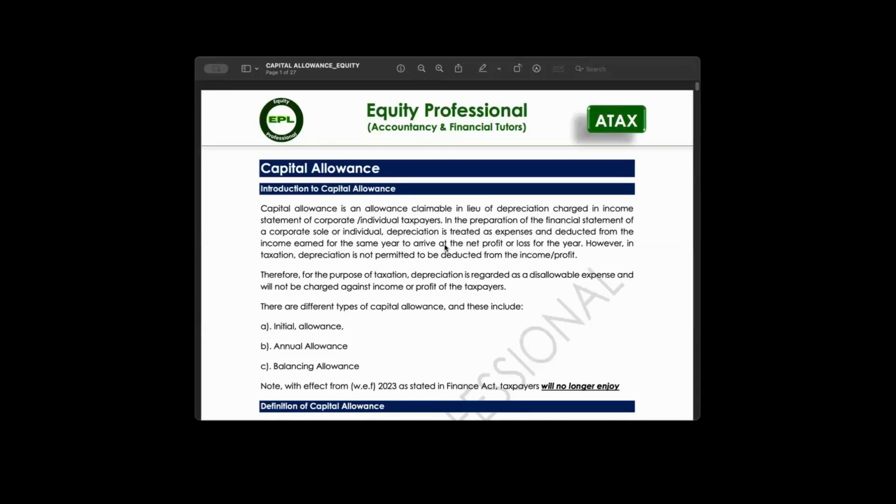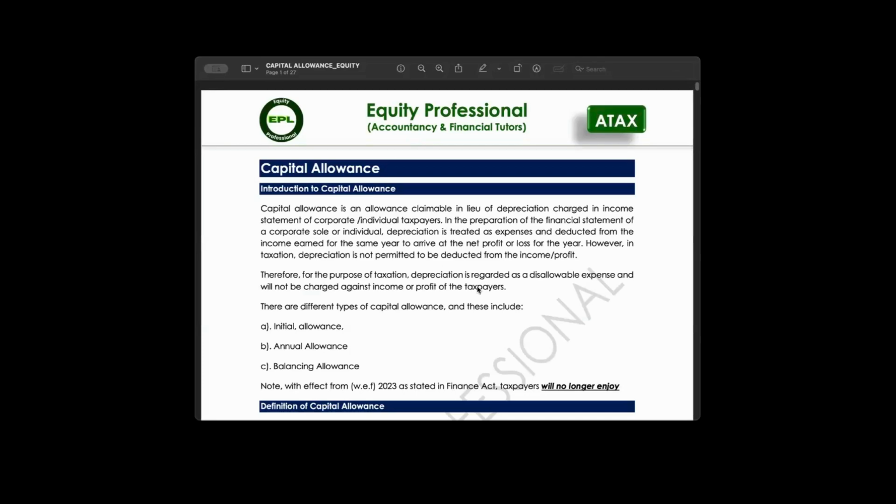Having said that, a simple definition of capital allowance is that capital allowance is an allowance granted in lieu of depreciation. It's an allowance granted in lieu of depreciation. That is, instead of granting depreciation, capital allowance will be granted. And this will be removed from your profits to ascertain your taxable profit in a year.